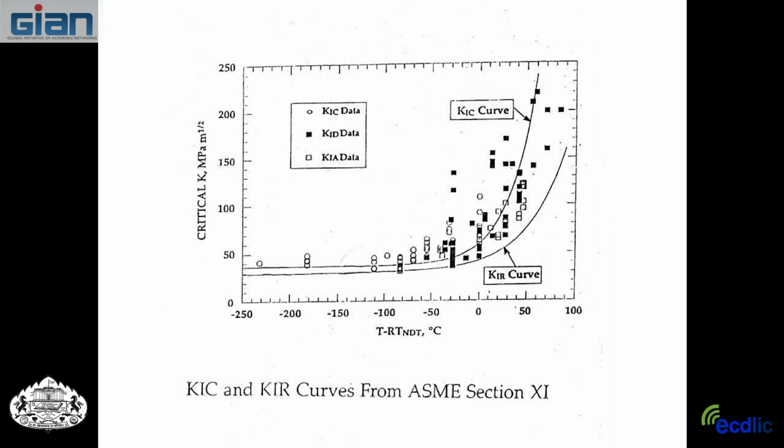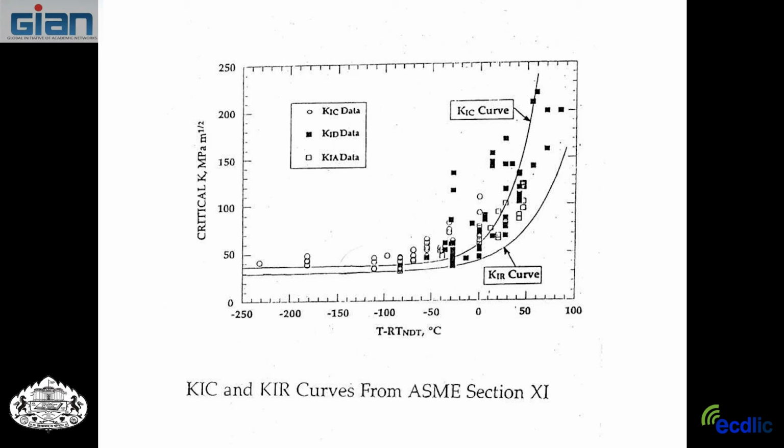K1C. Then we talked about doing rapid load tests. And these were rapid load tests done in the old days. K1 dynamic, it means. They have a new nomenclature for that, but back then it didn't. And then crack arrest tests, those messy tests, crack arrest. They took all these data. All the K1C are open circles. They tried to take a line that went under all the open circles.